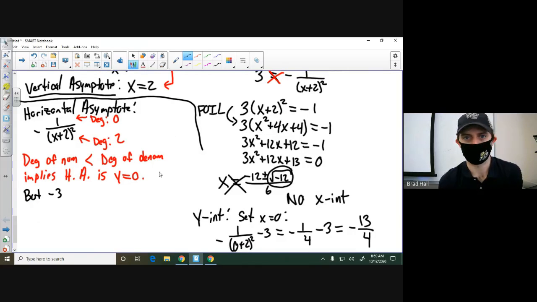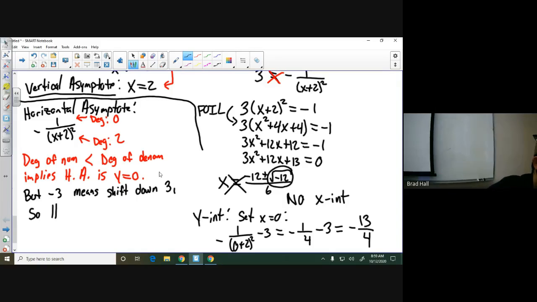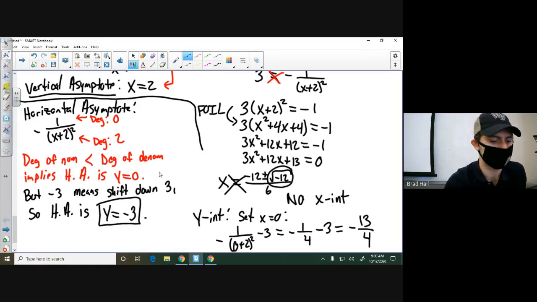Again, MyMathLab relegates this to multiple choice for various graphs, but if you want to know how these graphs are derived, this is sort of the process. So really the horizontal asymptote is y equal to negative 3. So a very nuanced problem indeed.